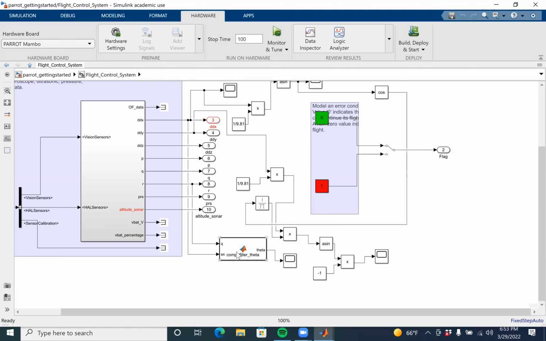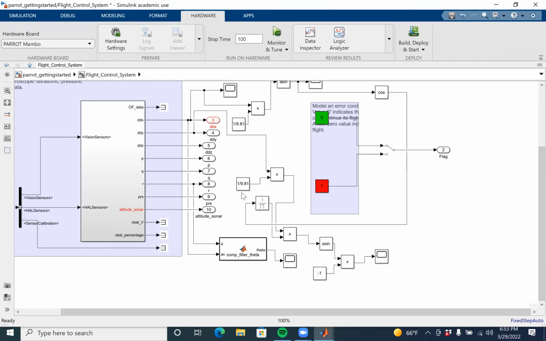This function is grabbing ddx, which is the acceleration in the x direction, and it should be capturing q. So acceleration in x direction is this.